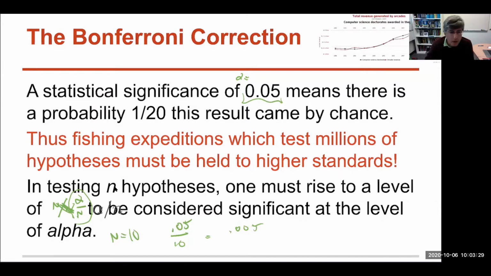Certainly there are things where the odds of it happening by chance are 1 out of 10 to the 10th, 1 out of 10 to the 100th. So there are hypotheses where the likelihood it came by chance would be very, very low. But here n is the number of hypotheses.